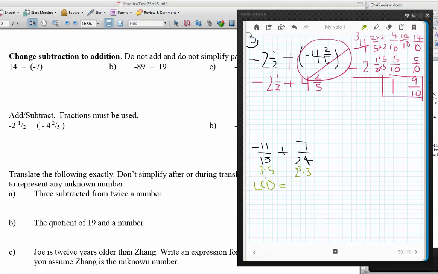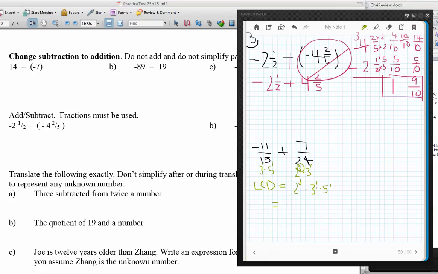So I see some 2's, some 3's, and some 5's. The biggest exponent on the 2's is 3, and I've got a 3 to the first and a 3 to the first, so I'm just going to put a 3 to the first in. Highest exponent, not total. And the 5 is the only one there, to the first power.